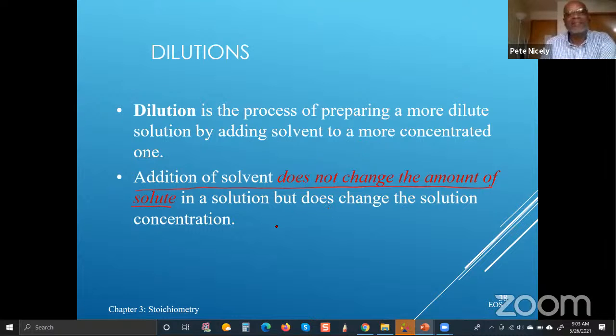Because there's an inverse relationship between the concentration and the volume, if the volume increases, correspondingly the concentration decreases, if the moles do not change. That's basically the principle underlying the whole dilution idea, all right?